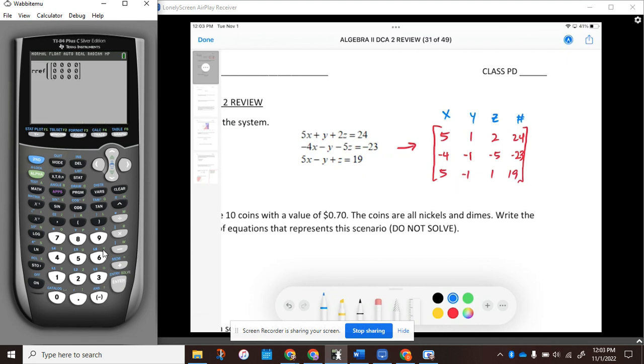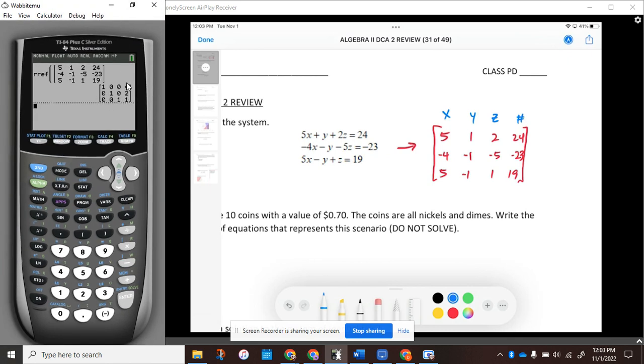And then all we got to do is put in those numbers, right? We hit enter. It gives us this matrix as a result.